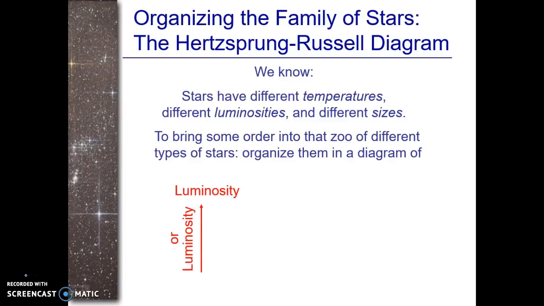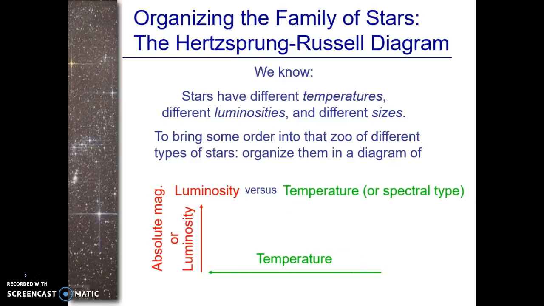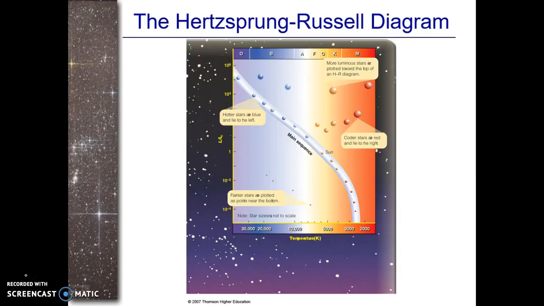Going vertical, the axis is your absolute magnitude or luminosity. Going horizontal is your temperature or your spectral type.